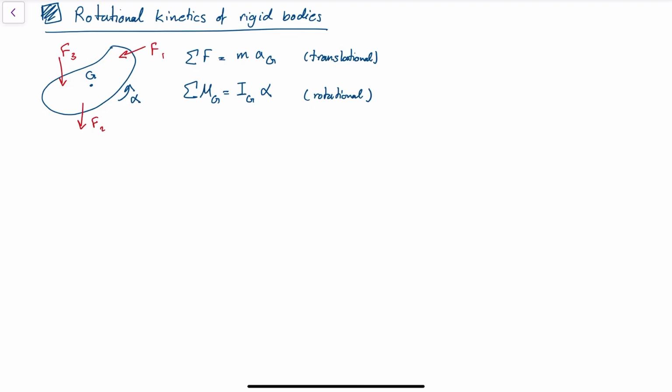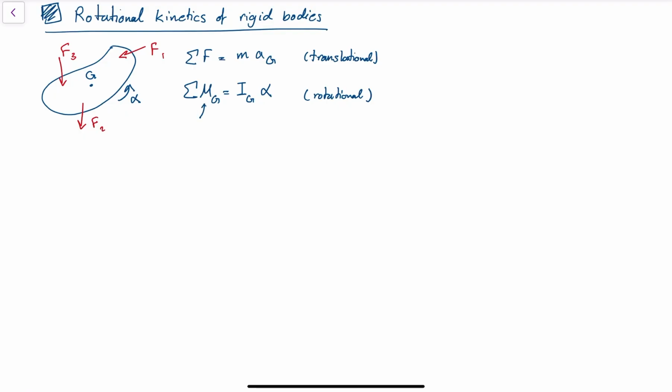So this body is turning with some angular acceleration. And note how beautiful it is, the parallel between the translational and rotational. Everything works out the same, except you're calculating essentially everything in the rotational domain.